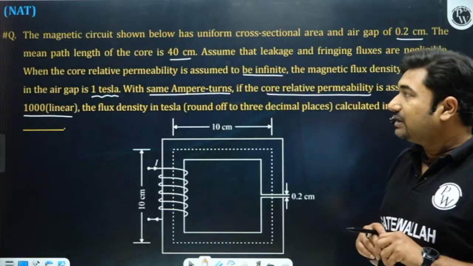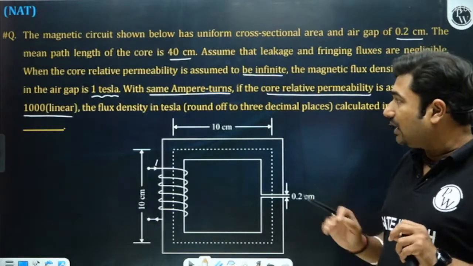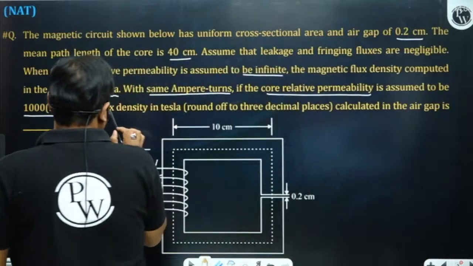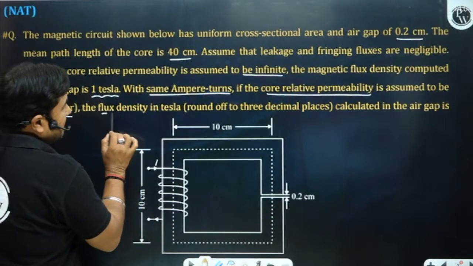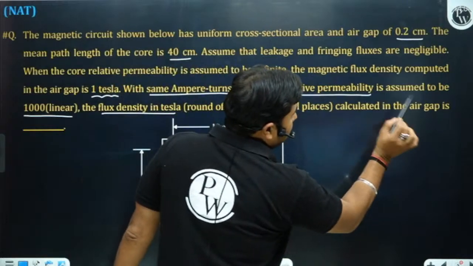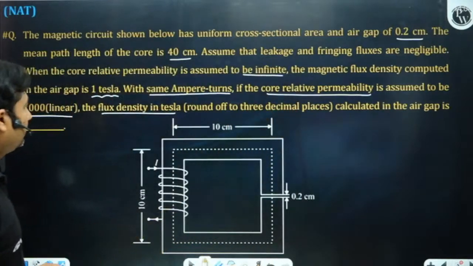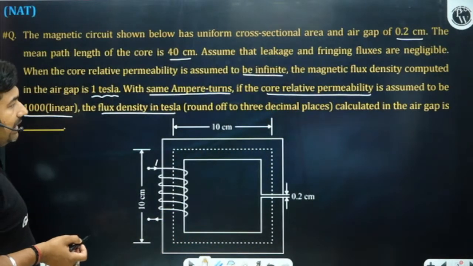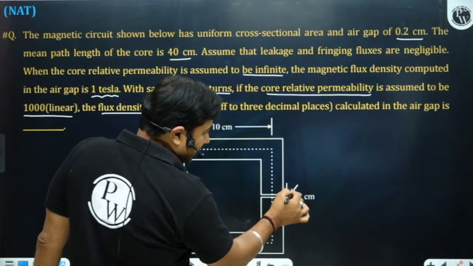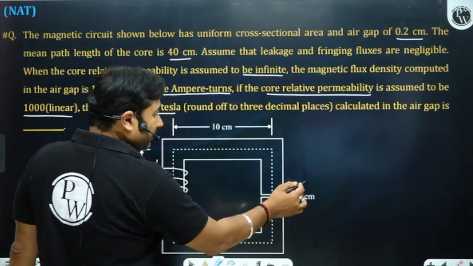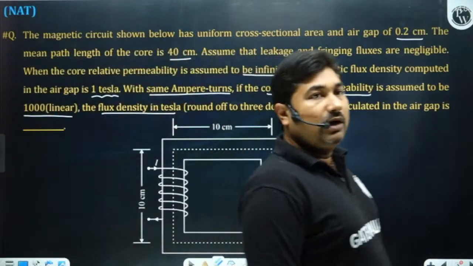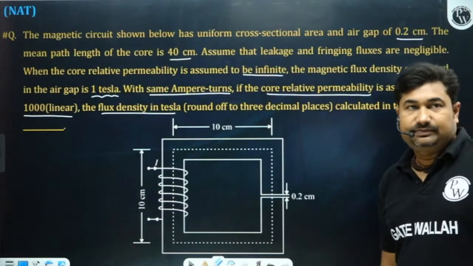It is given that 1000 is your relative permeability. You need to find the flux density in the air gap when the relative permeability of the material is changed. Hoping all of you are able to understand the question.